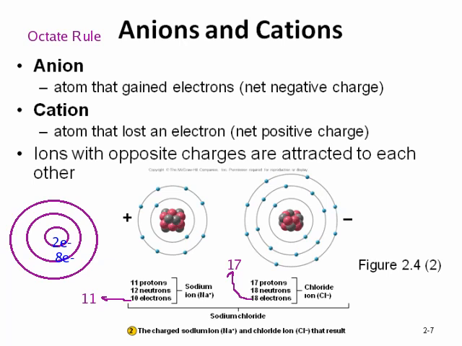And this final shell that we're going to be concerned with also can hold 8 electrons. And so in order for that first shell to be full, all it needs is 2 electrons on it. In order for that second shell to be filled, all it needs is 8 electrons on it. In order for that third shell to be full and to meet the octet rule, it just needs 8 electrons on it. That's it. End of story. We're good to go.